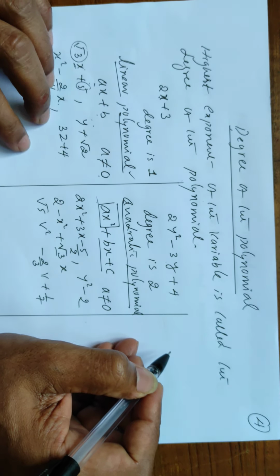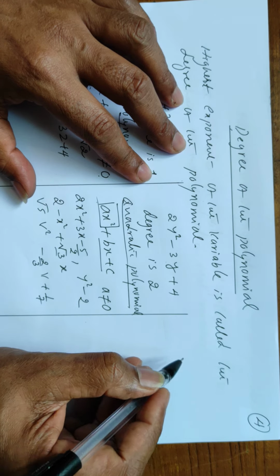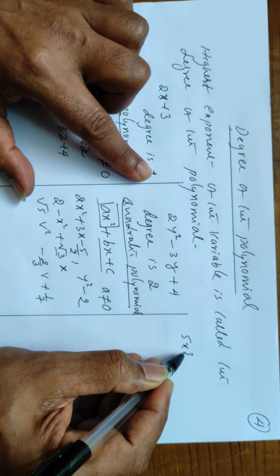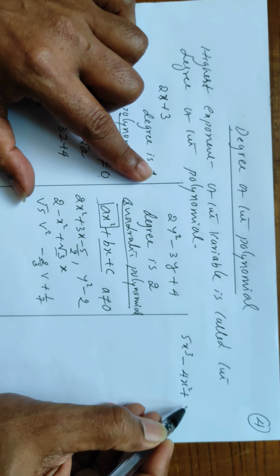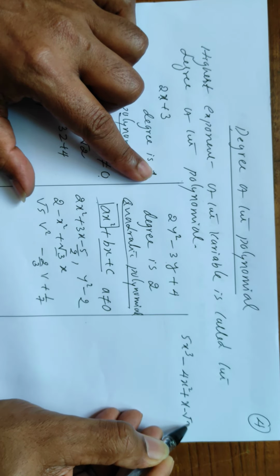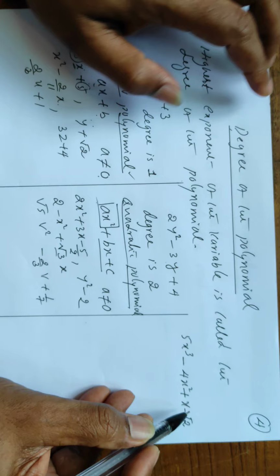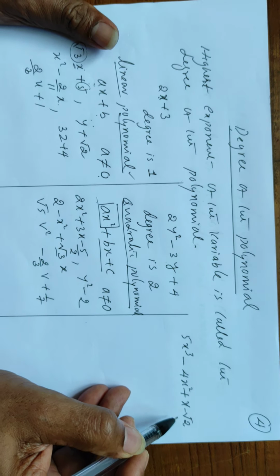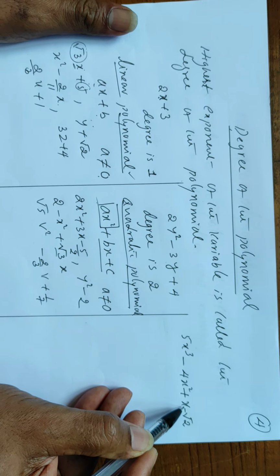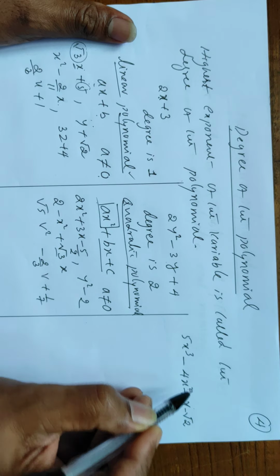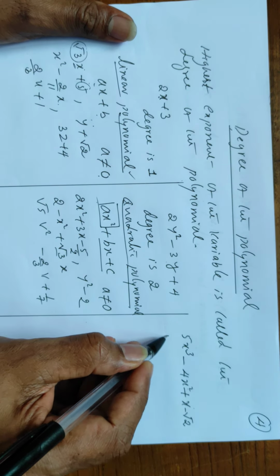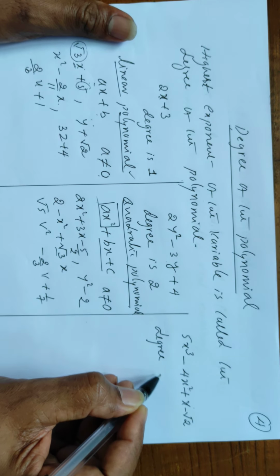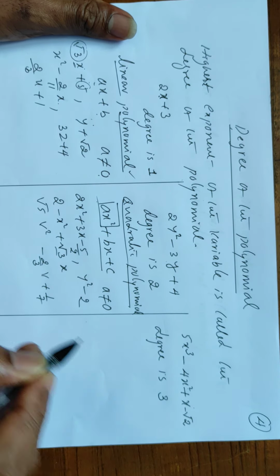Let me consider another polynomial. 5x cube minus 4x square plus x minus root 2. Here the exponent of the variable x is 1, here it is 2, here it is 3. Among these three, the highest is 3. Therefore, degree of the polynomial is 3.